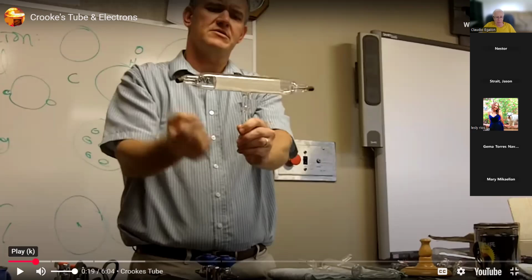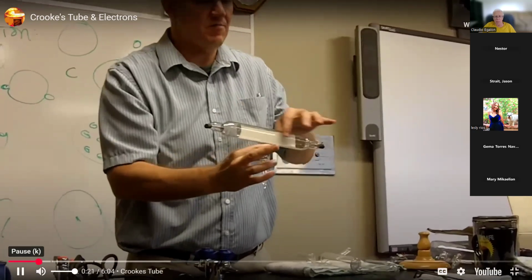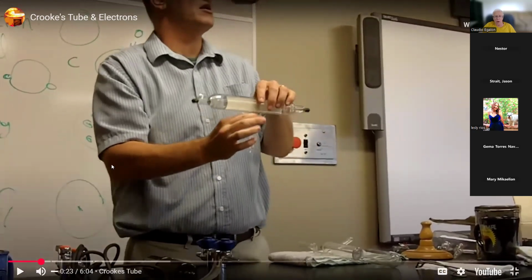That's the phosphorescent emission by the substance that's coated on the surface of this little plate there inside. It's mostly evacuated, most of the air has been taken out of this tube, okay, so the path of the electrons is not interfered with.